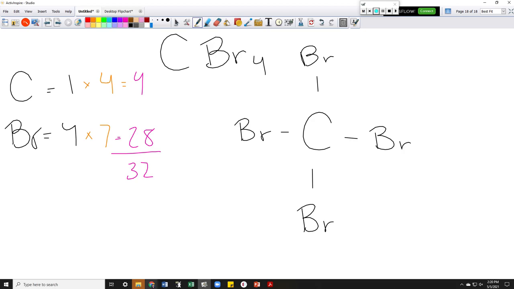So how many do I need to subtract from 32? 8. Why is it 8? Because there's 4 bonds. 4 bonds means how many electrons? 8. Where do you think a mistake may occur right here? People think it's 4 electrons. Very good. So it's got to be 8. So 32 minus 8 is how many? 24. All right, so I've got 24 electrons left.